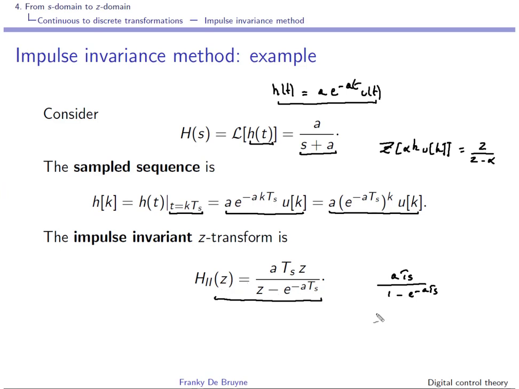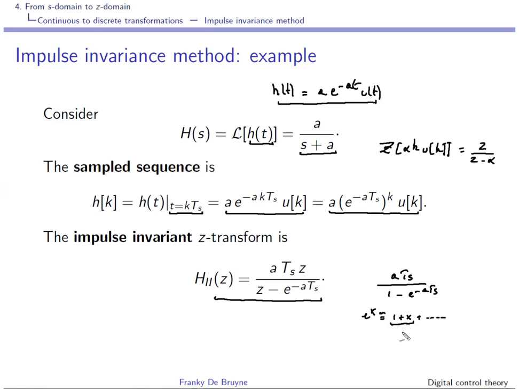Okay, so you can observe that the static gain is not 1 in this case, but if Ts becomes small, then this will tend to 1. Remember that exponential of x is approximately 1 plus x plus, of course, additional terms.